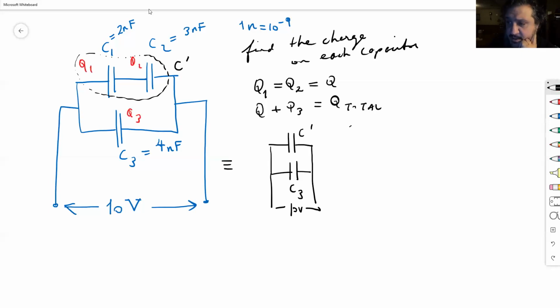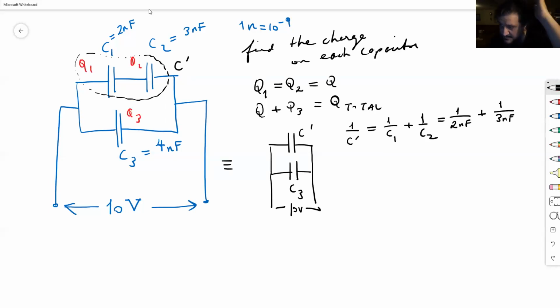Just use that formula. 1 over C prime is equal to 1 over C1 plus 1 over C2. Okay, 1 over C1, that is 1 over 2 nanofarads plus 1 divided by C2, 3 nanofarads.